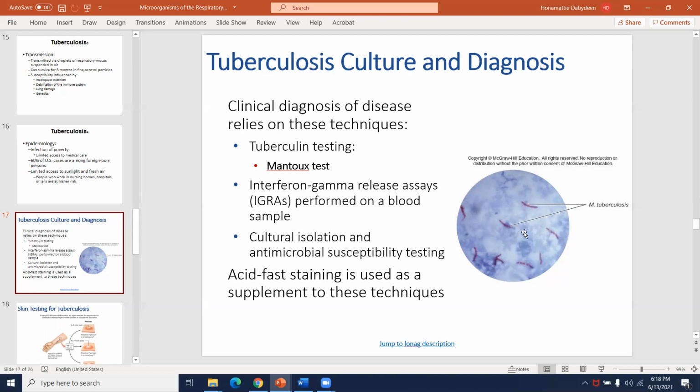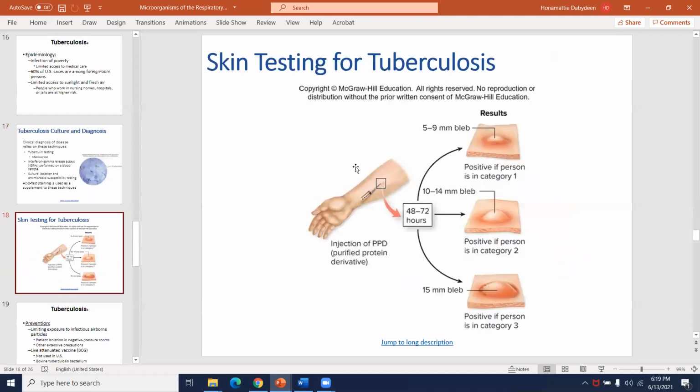And then, of course, we have some testing that can be done. There is a skin test called the Mantoux test. What they're doing is injecting PPD under the skin, and at 48 to 72 hours, they're looking for the induration.